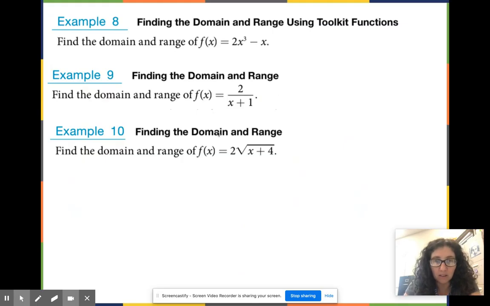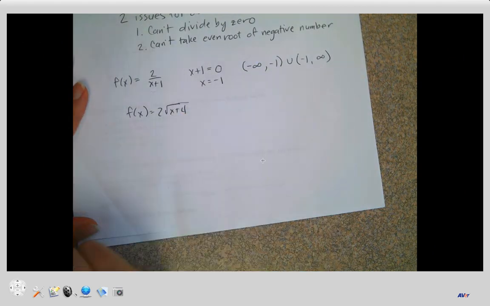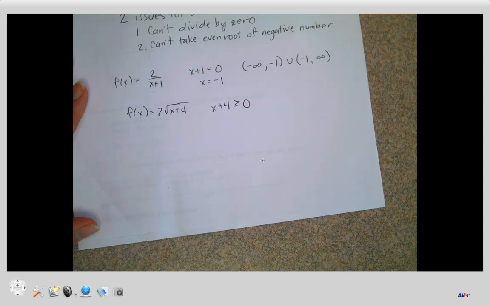How about in this case? Example 10, find the domain and range of this function. Again, let's just worry about the domain for now. We don't have any denominators, so we don't have to worry about dividing by 0, but we do have a square root. And what we need is this to be not negative, right? So let's write this down. We need the radicand, that's what this thing under here is called, the radicand x plus 4 to be greater than or equal to 0.